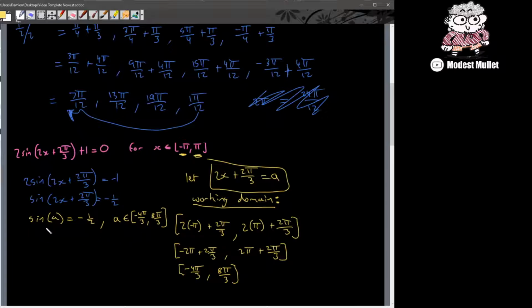Right, so we need sine of what angles give me negative half. So we need a vertical component of negative half. So that clearly means we're going to be in the third and the fourth quadrants.